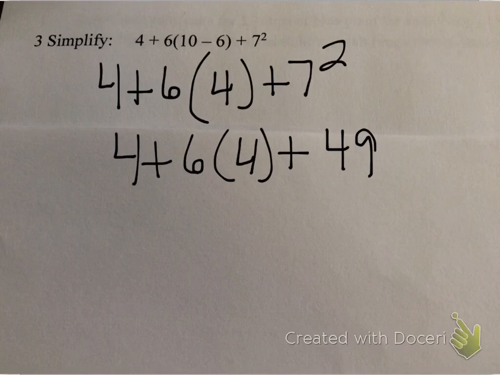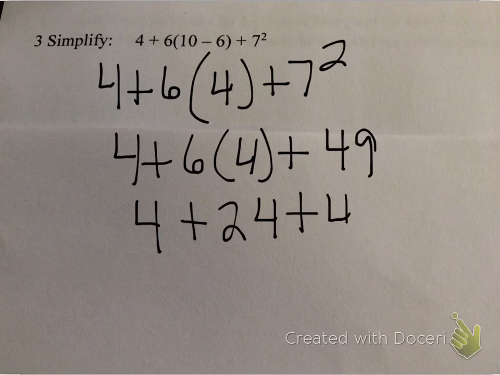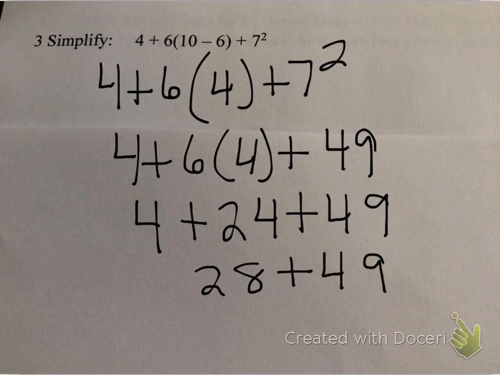Then I'm going to do multiplication. 4 plus 6 times 4, which is 24, plus 49. 4 plus 24 is 28 plus 49. And I'm going to add those together. 28 plus 49 equals 77. Is your answer there.